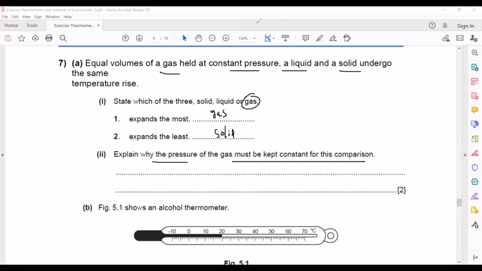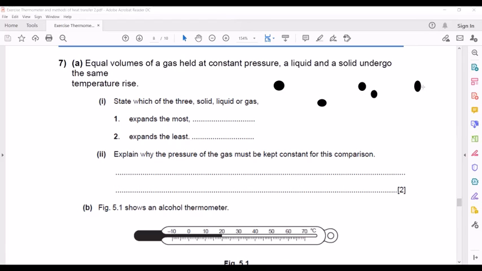When you supply heat energy to solid, liquid and gas, in gases the particles are far away from each other, in liquid they are comparatively closer, and in solid they are tightly packed together. So when I supply heat energy to the gas, liquid and solid, because the particles have very weak forces, they move away from each other.